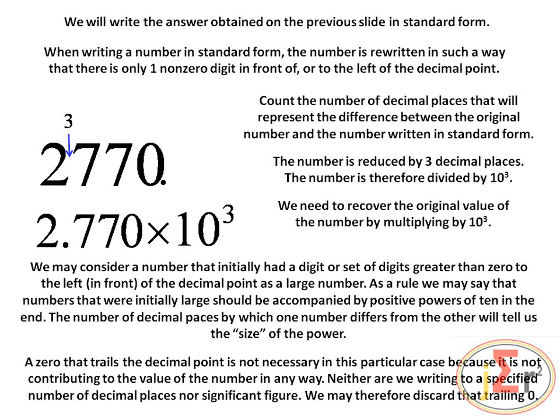We may therefore discard that trailing 0, not having any value and not contributing to the number of decimal places or significant figures. As a matter of fact, we are not dealing with decimal places or significant figures, so that does not come in. So we eliminate that 0, and that's all there is to it.